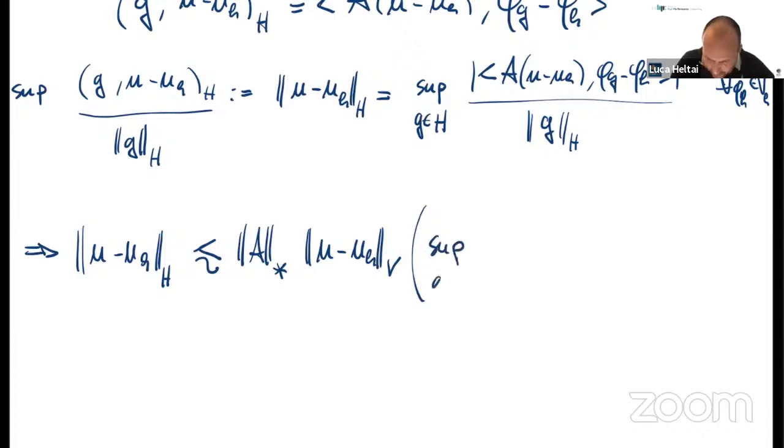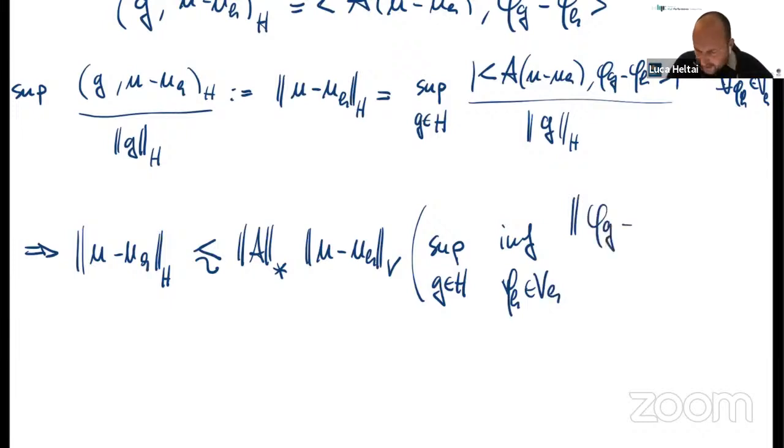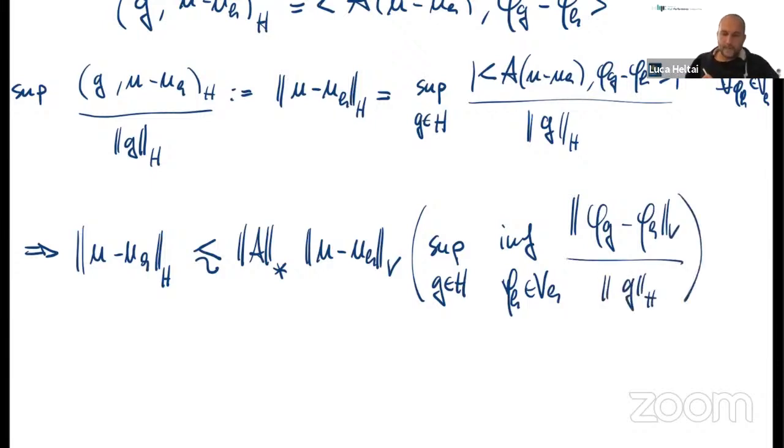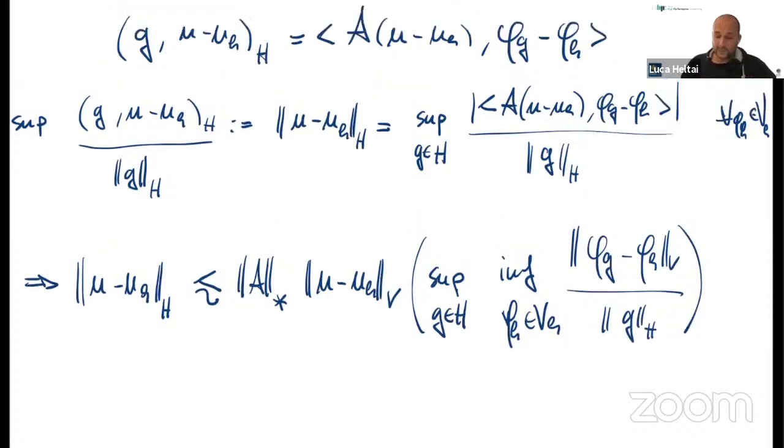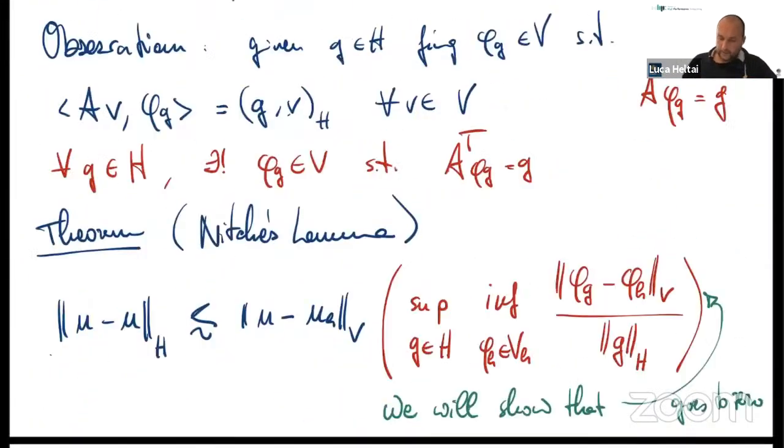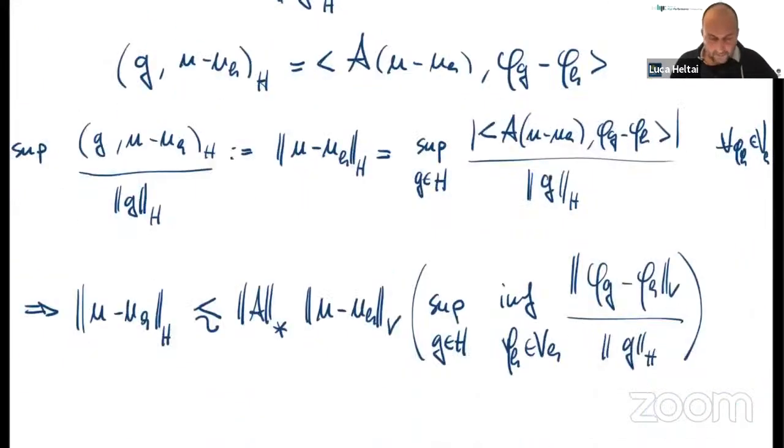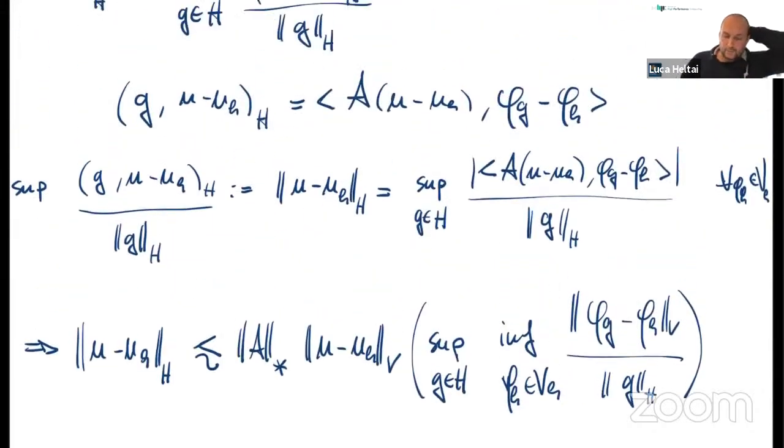We have the sup for G in capital H of the inf for VH in capital VH of the norm of V g minus VH in V divided by the norm of G in H. And this is exactly what we said above here. So this is the end of this proof, simply by applying the definition of the H norm.